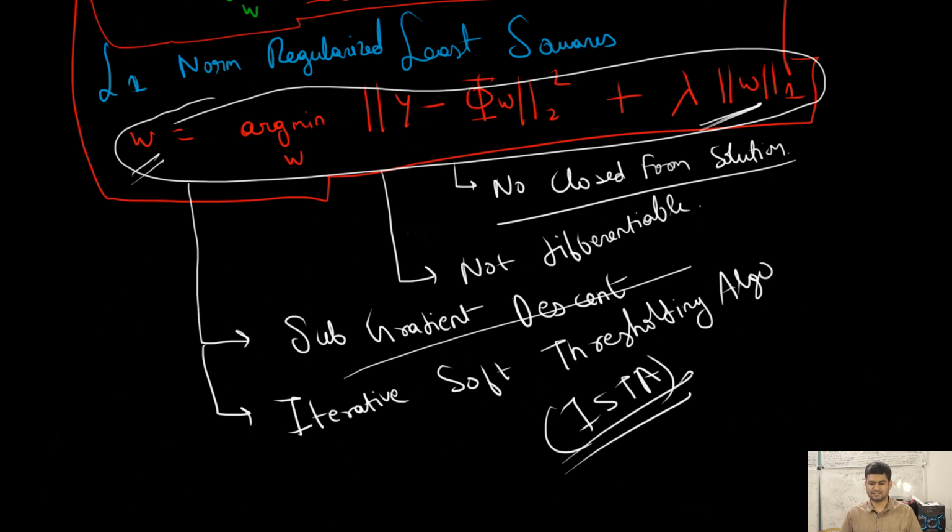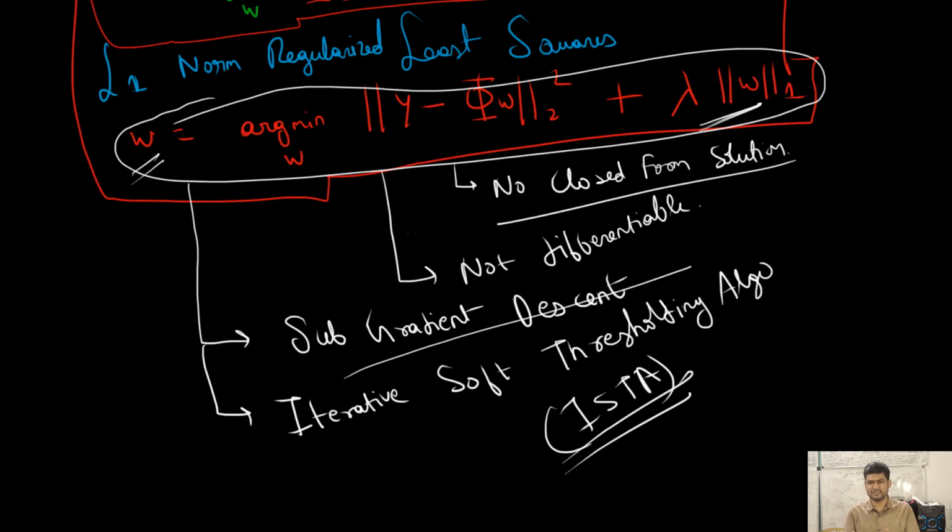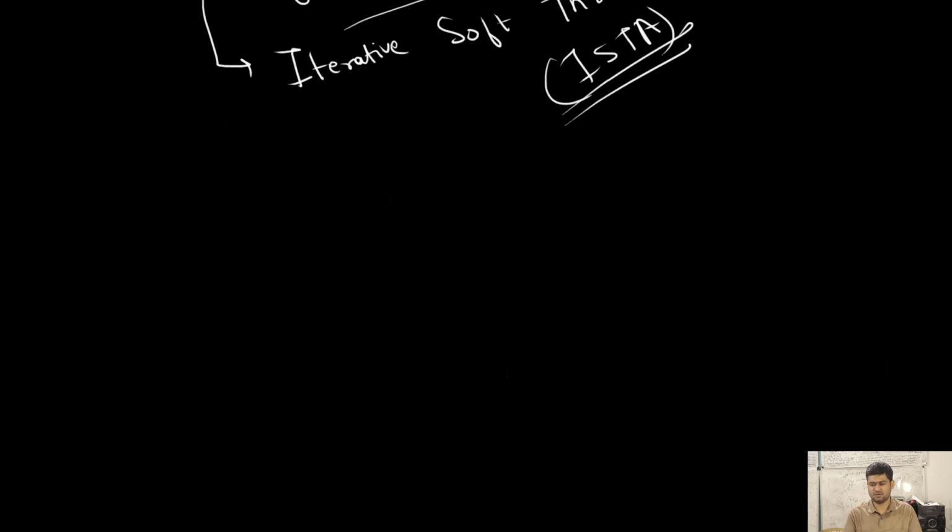So next, to understand more about the ISTA algorithm and the subgradient descent formulation, first of all we will take a detour or a small deviation to understand convex functions, convexity, and what the first order convexity conditions are, and we will derive them as well, we will prove them as well.